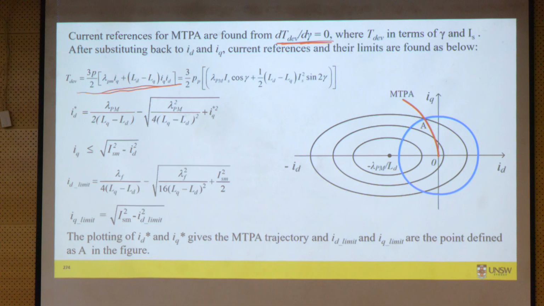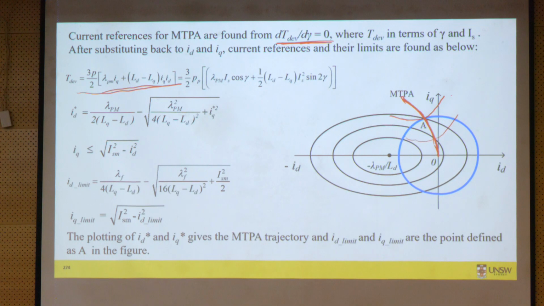And if we plot various Id and Iq values under the MTPA condition, we get a trajectory like this, okay. So if I plot the torque, we get actually some hyperbolas here. The torque is a hyperbola if we plot it in the IdIq plane.